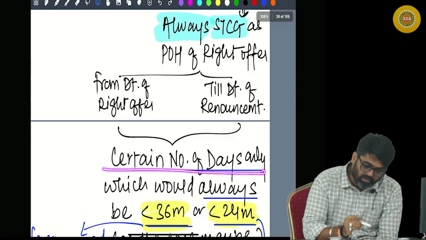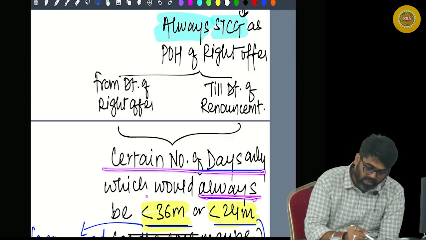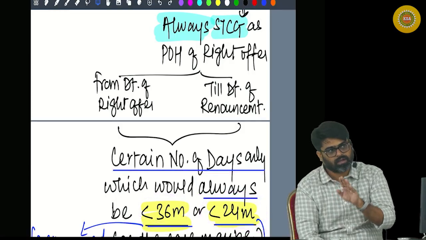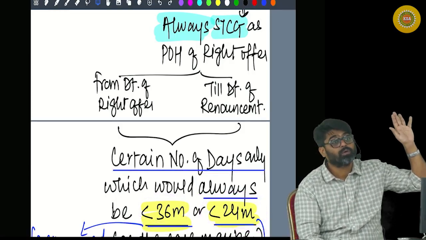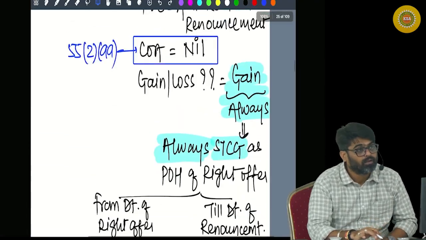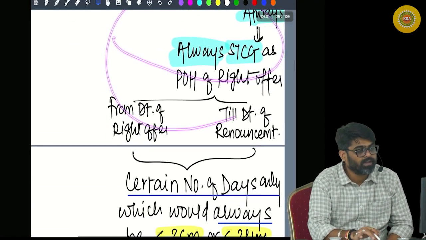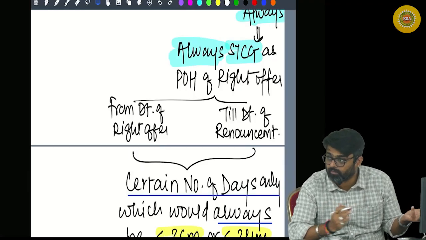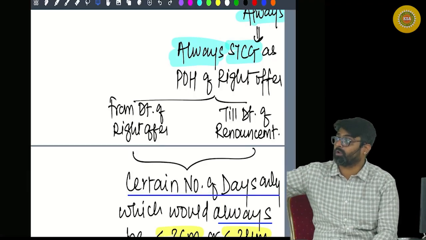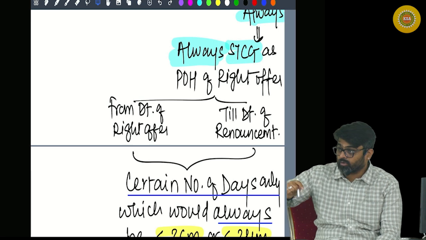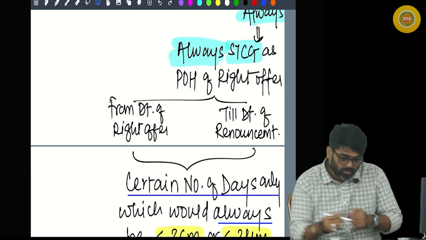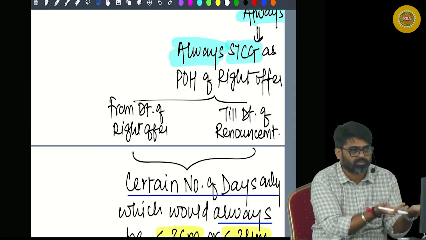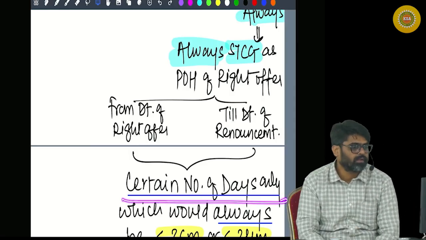So a certain number of days only, which would always be less than 36 months if the renouncement was prior to 23rd July. If the renouncement was on or after 23rd July, this period will always be less than 24 months, because this period is a certain number of days.